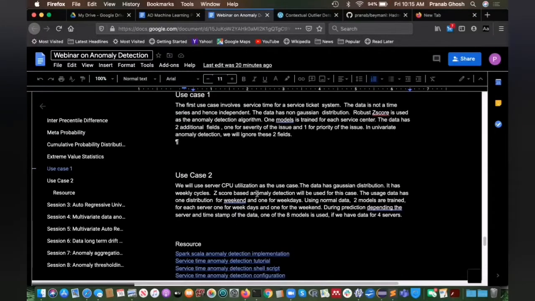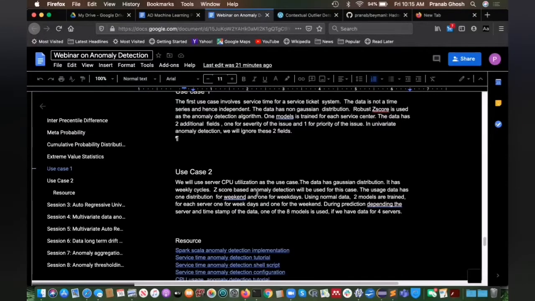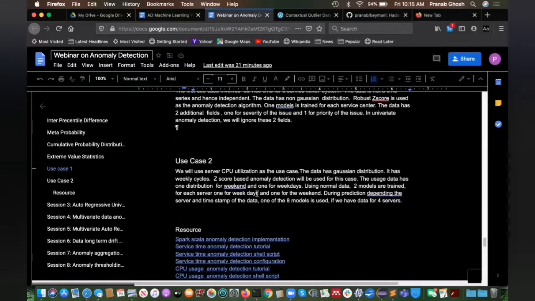The second one is for a server, it's the CPU utilization, CPU percentage. Here we assume that the data has Gaussian distribution, so we'll apply a z-score based anomaly detection algorithm to find anomalous CPU usage. By anomalous, I mean something that's very high compared to what's considered to be normal usage percentages.